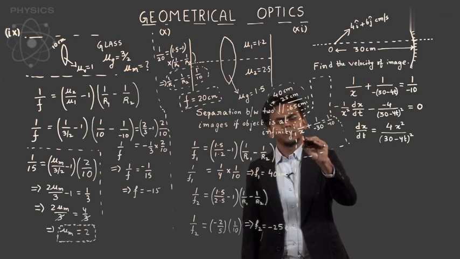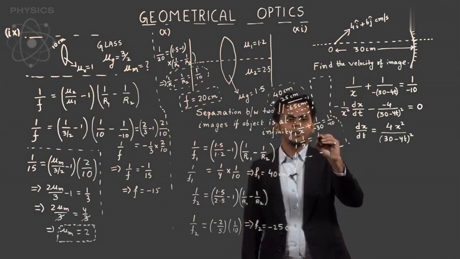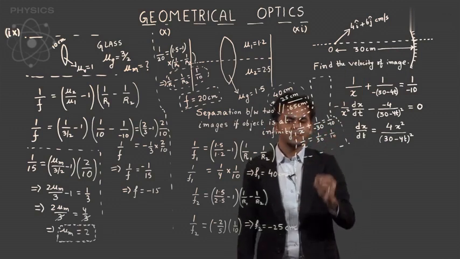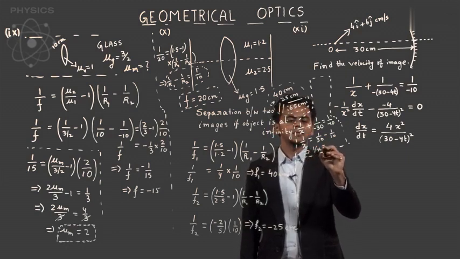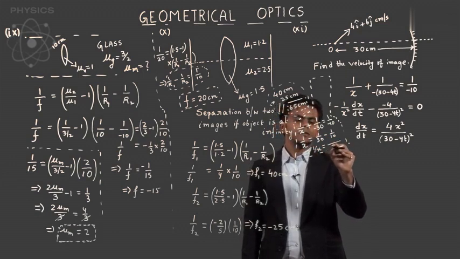This gives you 1 by x as, this guy goes over there, 1 by 30 minus 1 by 10. This gives you 1 by x as, this is 30, 1 minus 3.